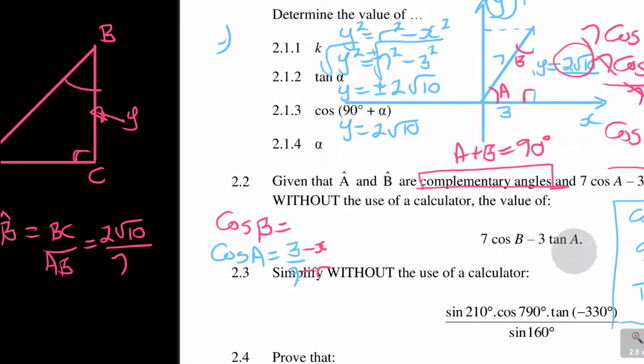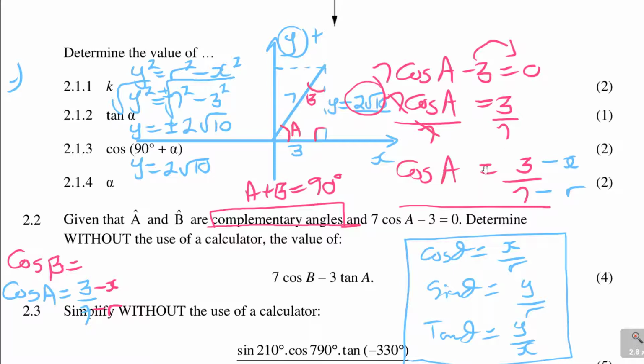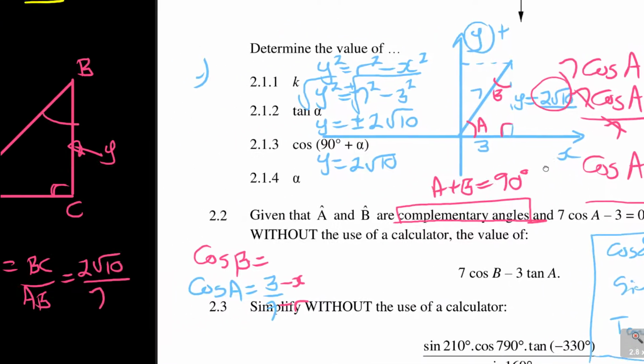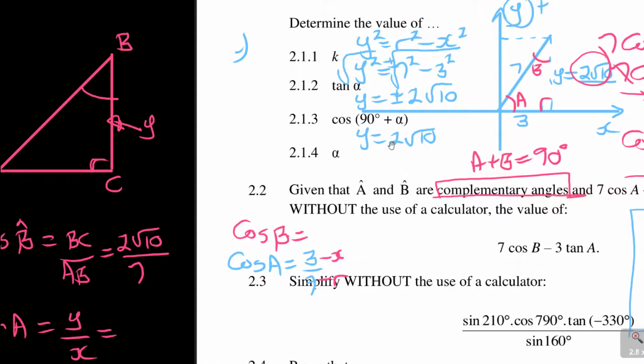What about tan A? Tan A is not a problem because it is coming from this part here. And you know what is tan? Tan A is y over x of the original, which is equal to y, what we got as 2√10, and x is 3 from the original.